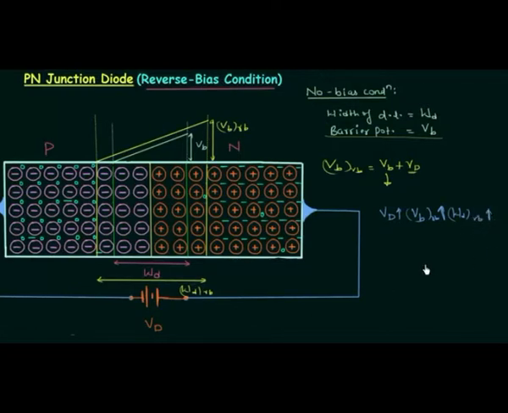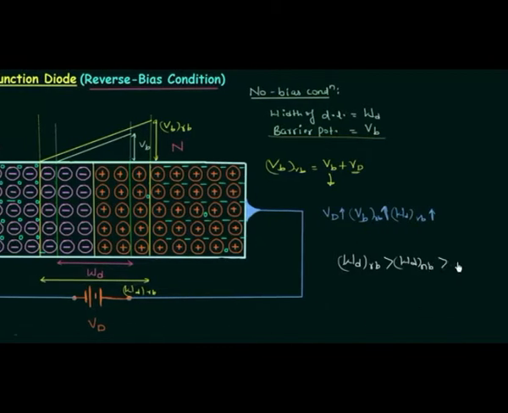And if we compare the width of depletion layer for all the three conditions, for reverse bias condition, for forward bias condition, and for no bias condition, then we will find width of depletion layer is maximum in reverse bias condition. Then we have no bias condition, and the width of depletion layer is minimum in case of forward bias condition.